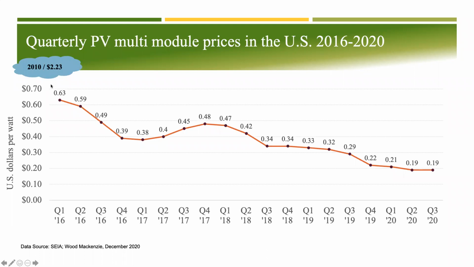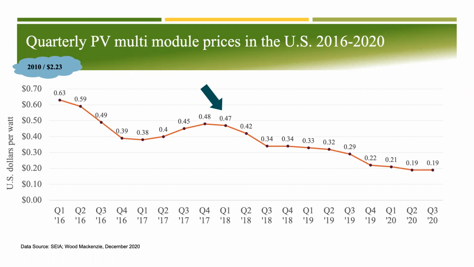It's not illustrated on the chart here because it's just off the chart. In 2010, our module costs were $2.23 per DC watt, compared to third quarter of 2020, we're at 19 cents per DC watt. So, major reductions in module cost over the last decade. And that's really one of the reasons that we've seen the overall installation costs come down so rapidly.